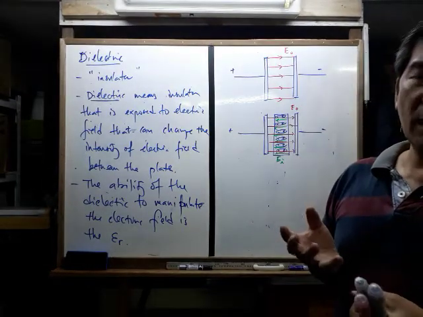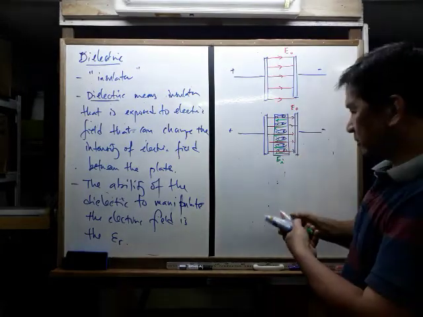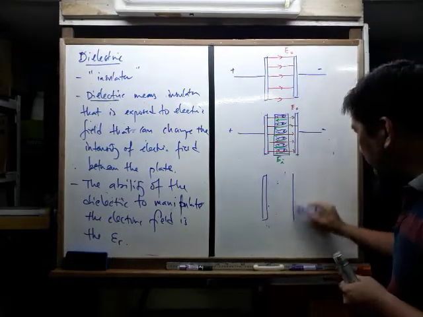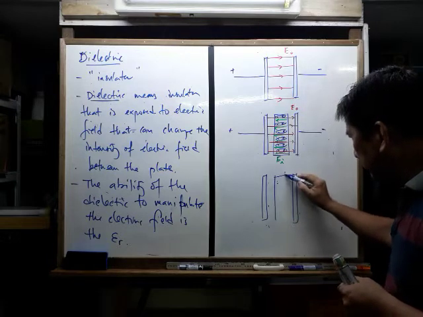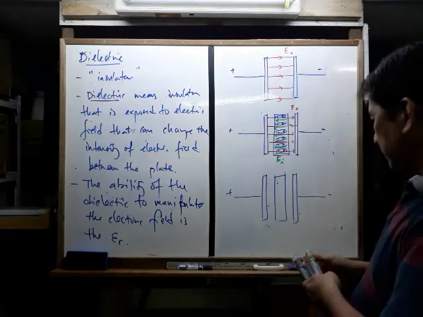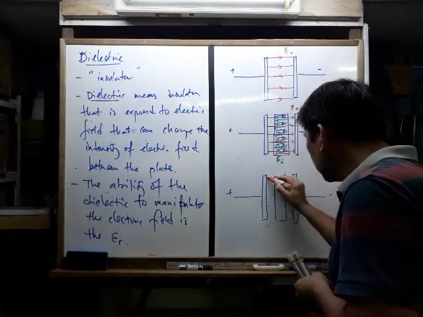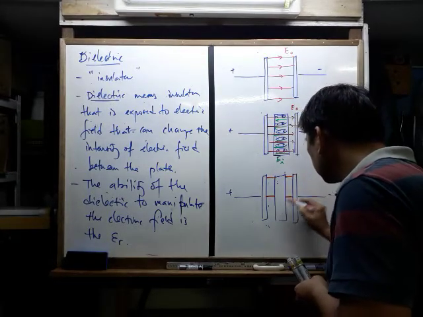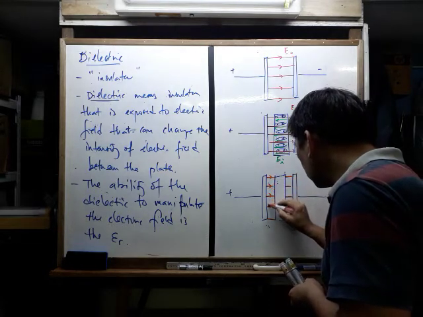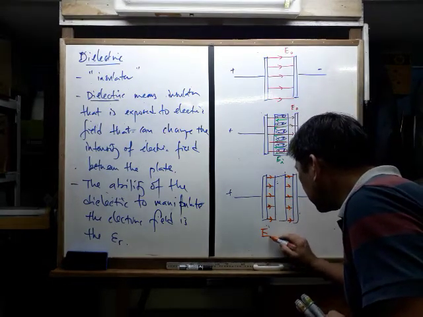Electric fields are vector quantities, so they can be manipulated, they can be subtracted. So if you put a dielectric in between with a certain thickness, you can produce a new electric field, which is orange in color. This is the net electric field.